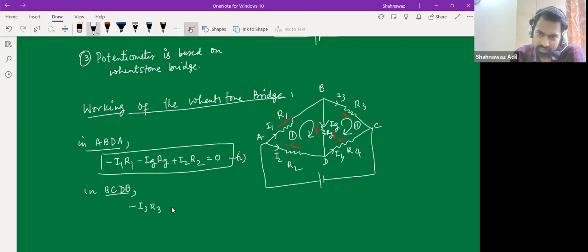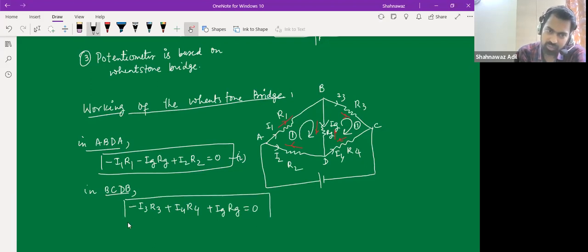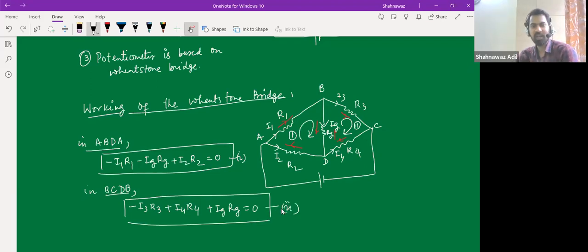And then plus I4 R4, and in here plus IG RG. Correct. So these are the two equations that we have.